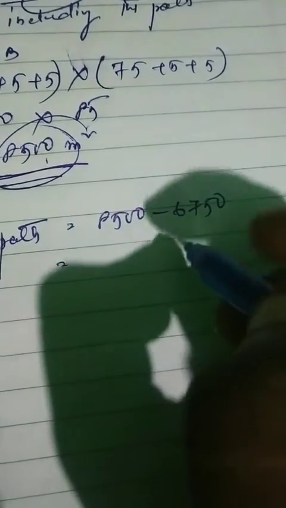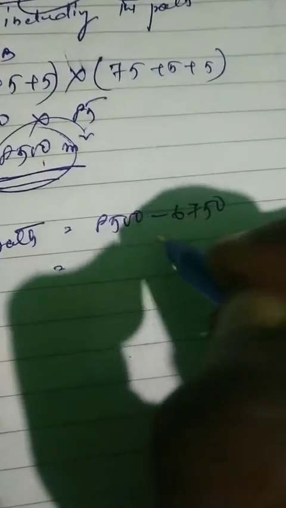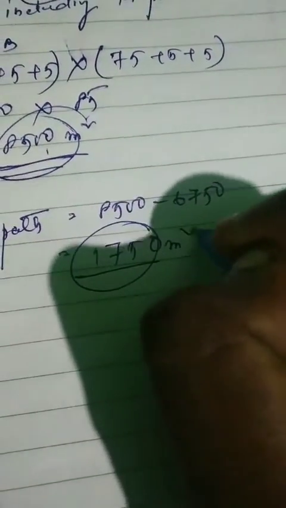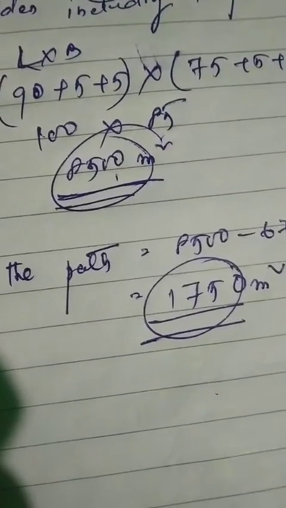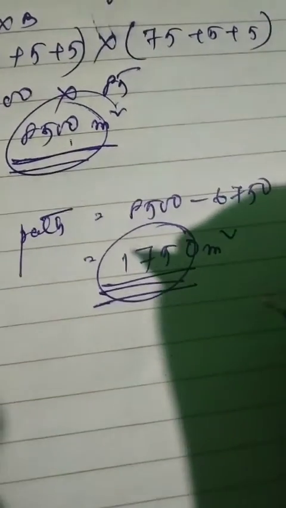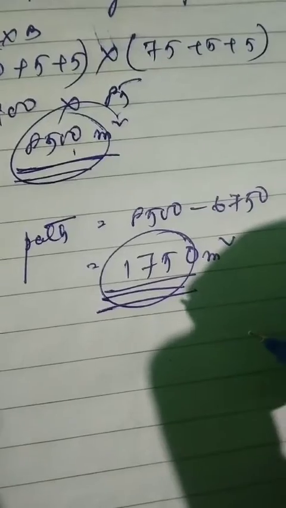Let's do the subtraction. It is 1750 meters square. So children, the area of the path is 1750 meters square.